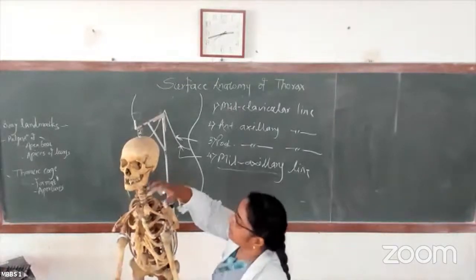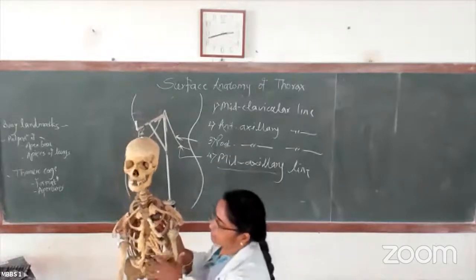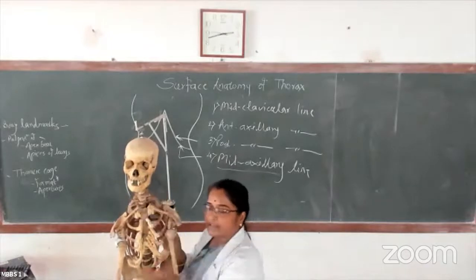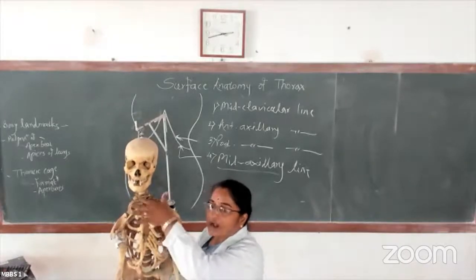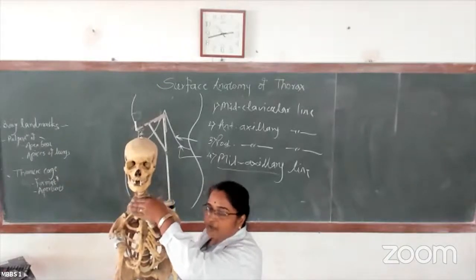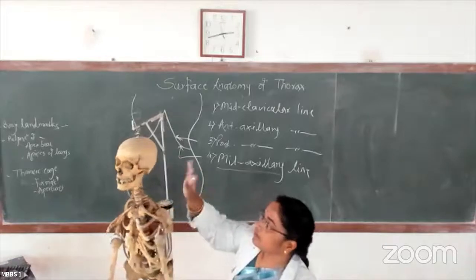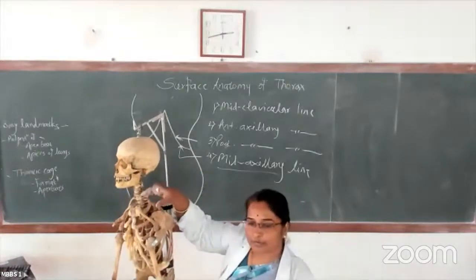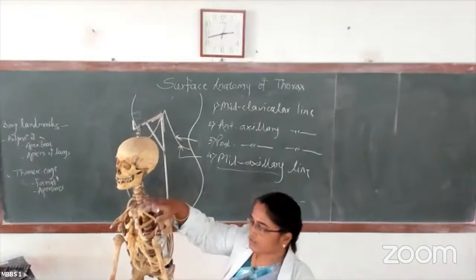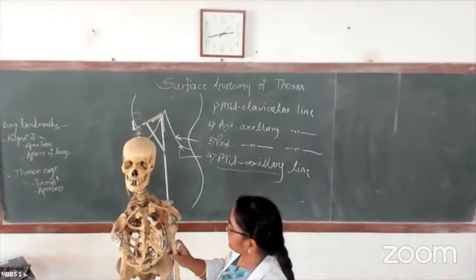Here, in this thoracic cage, how the cage is formed anteriorly, posteriorly, laterally, the apertures, both superior and inferior, how they are formed and by which structure they are closed and which structure passes through this aperture. These are the most important things you should know about this.